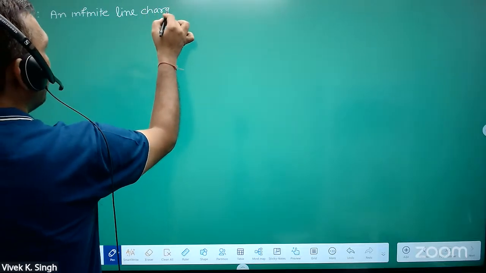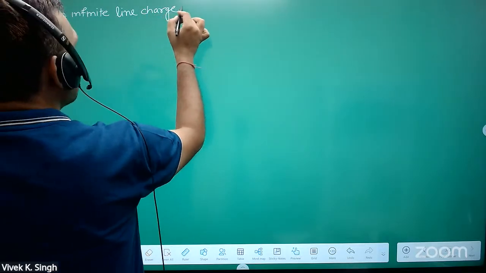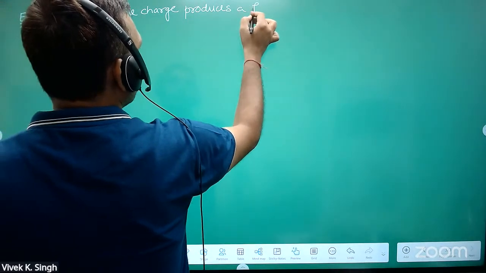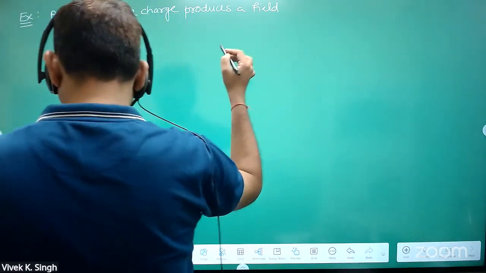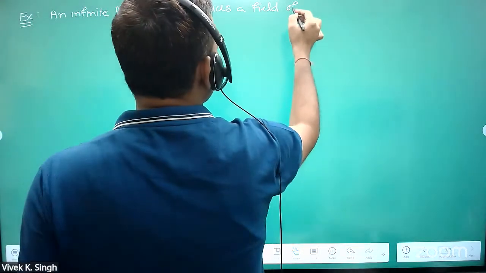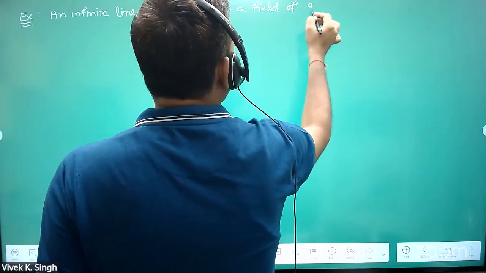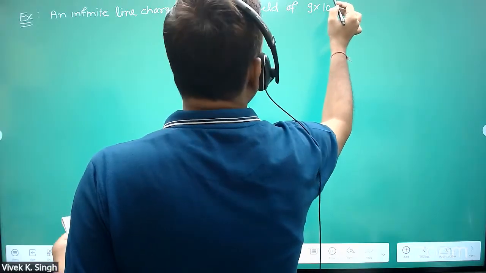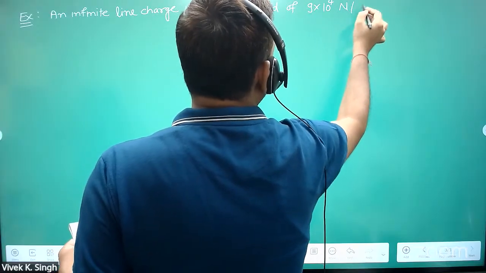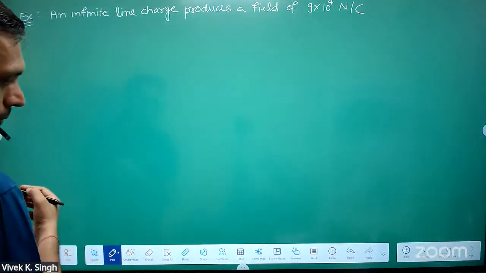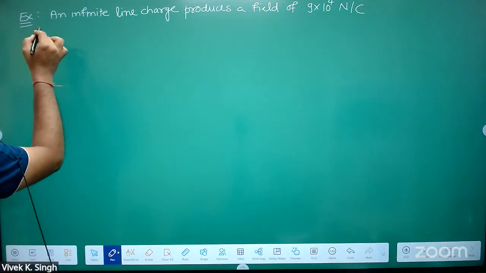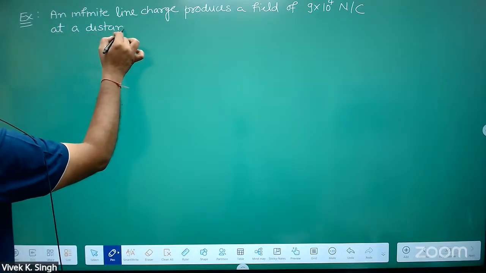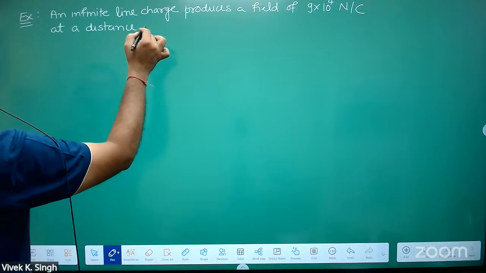An infinite line charge produces a field of 9 into 10 to power 4 Newton per coulomb at a distance of 2 centimeter.